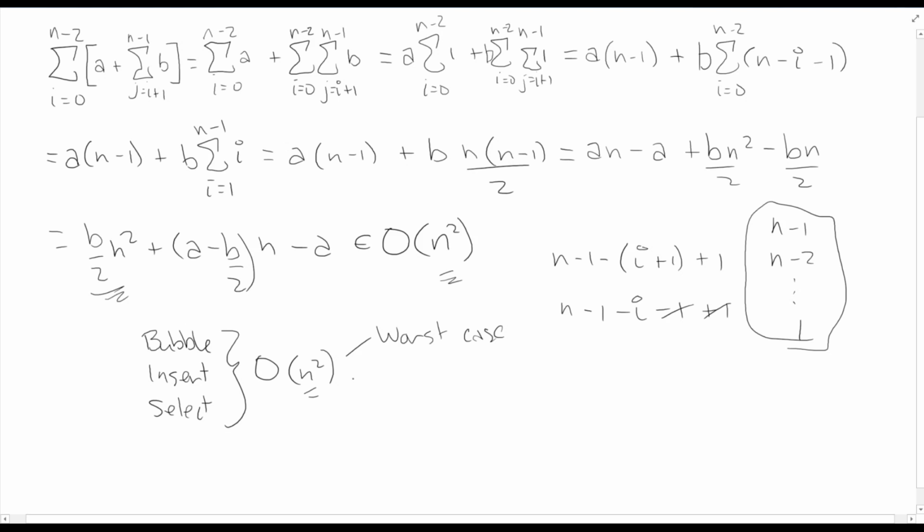This maybe raises an interesting question. Well, what about the best case? What happens in the best case to these algorithms? And to do that, I'm going to revisit each one in turn. If you remember in the bubble sort algorithm, we actually have an early exit criteria.